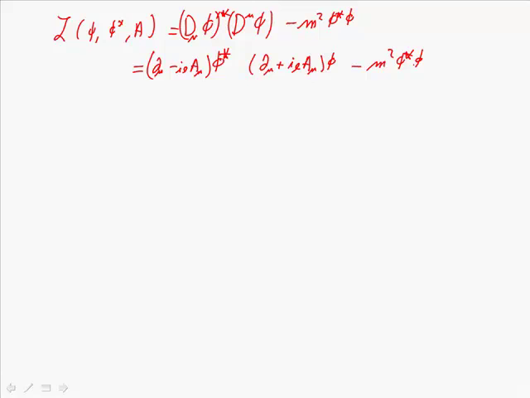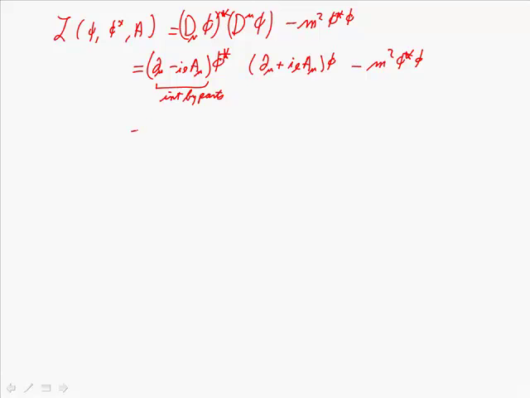Okay. This sits under the integration sign, so I can take this derivative that's acting on this and integrate by parts. If I integrate it by parts, it flips over and acts on this whole thing.